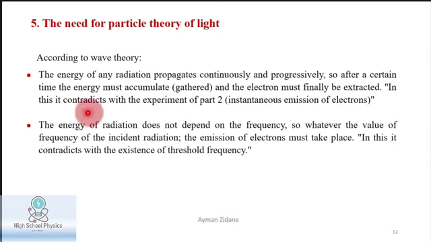This contradicts the experiment, because in the experiment we observed an instantaneous emission of electrons. Also, according to wave theory, the energy of radiation does not depend on the frequency, so whatever the value of the frequency of the incident radiation, the emission of electrons must take place. This also contradicts the existence of a threshold frequency.